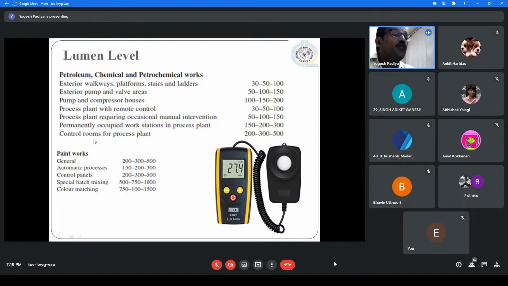But if you are working in a control room, you require maybe 200 to 500. For a person cutting diamonds, the light intensity has to be more, because even a small mistake will turn into a heavy loss.